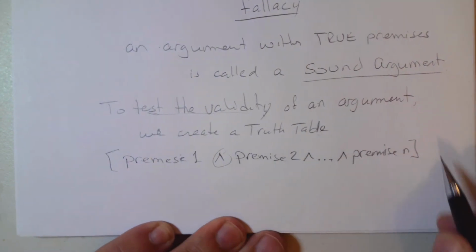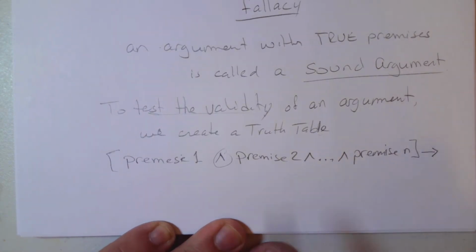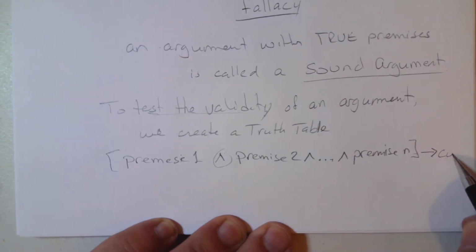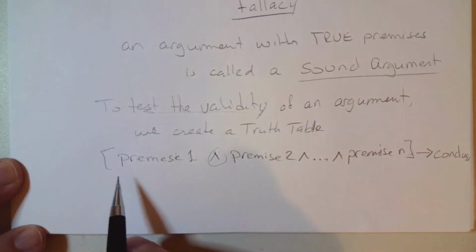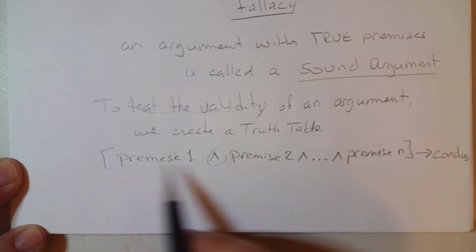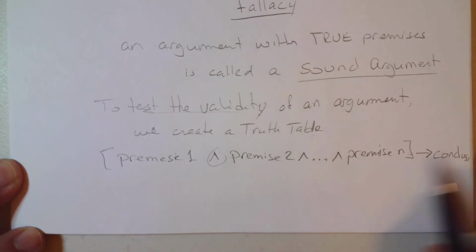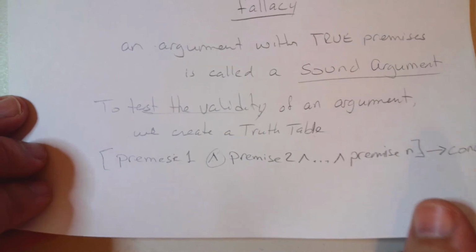And that's your first part. Then it has to be in a conditional statement. If all of these are true, then the conclusion is true. So you take all your premises, create an and statement, that's your premise, and your conclusion. So if these are all true, then that's true. That's how you test to see if an argument is valid or invalid.